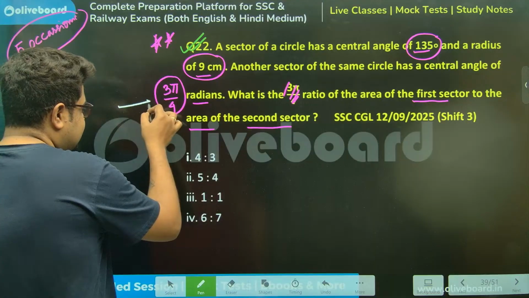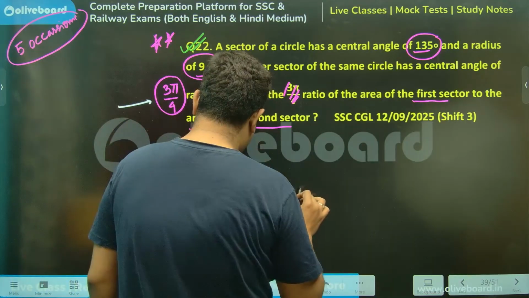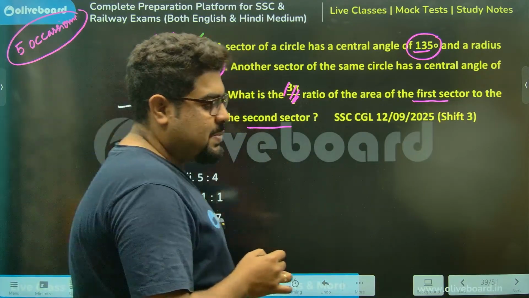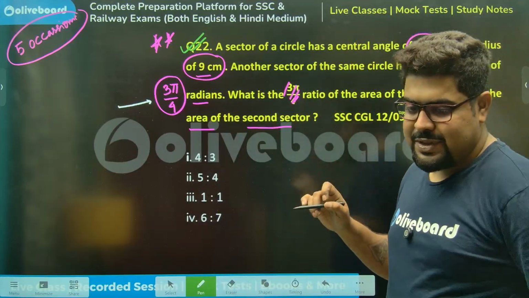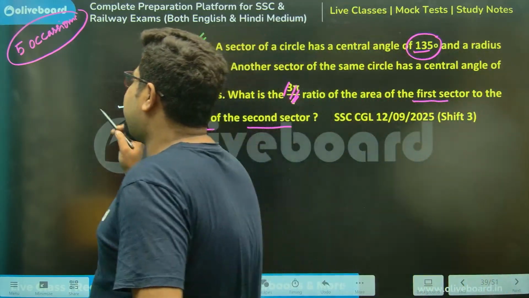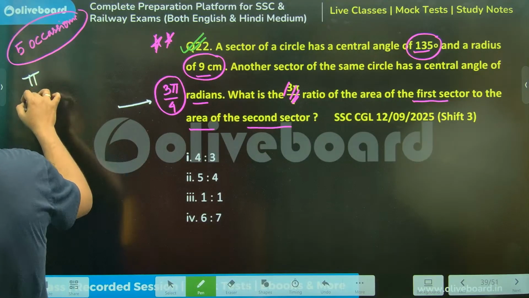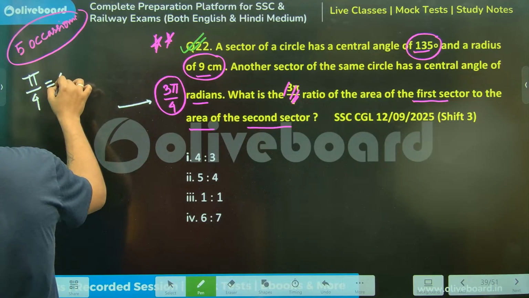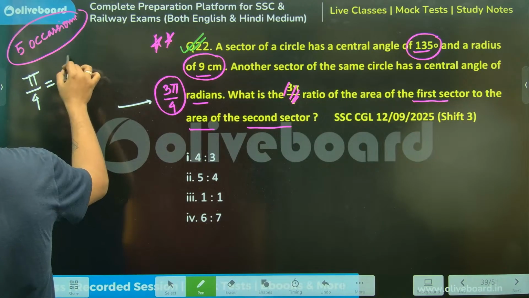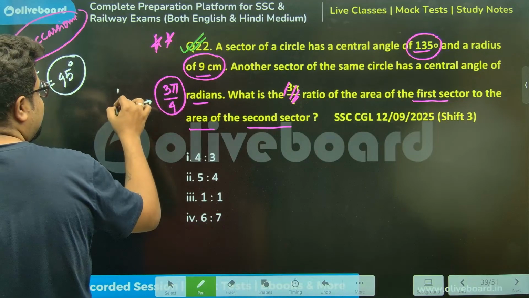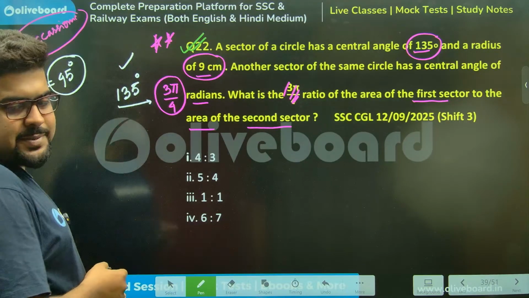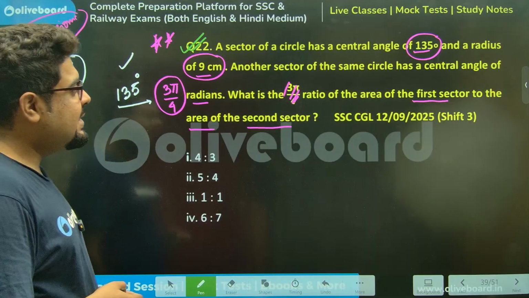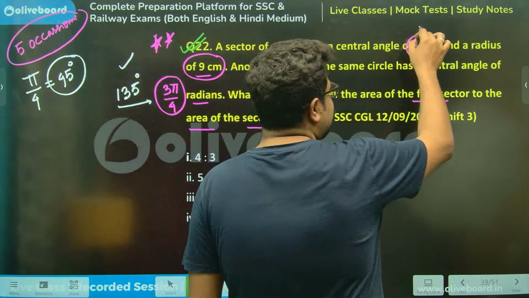But those who are a little well versed in conversion will say, sir, pi by 4 stands for 45 degrees, so 3 pi by 4 stands for 135 degrees, and this is also the same.